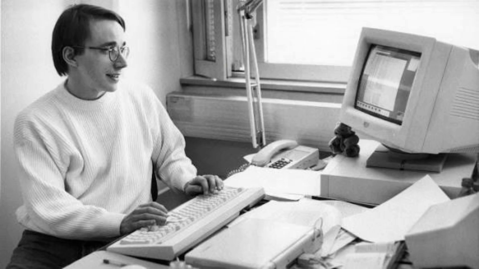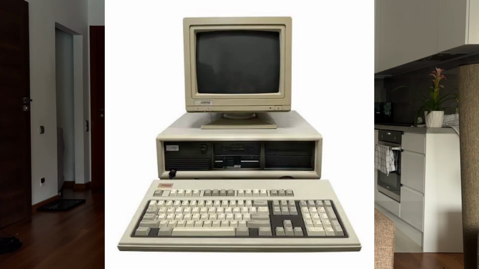Meanwhile, here is another favorite story of mine. Another revolution was unfolding in the background. In 1991, Linus Torvalds, a 21-year-old computer science student in Finland, decided that commercial Unix was too expensive and decided to build his own kernel from scratch on his personal 386 PC. That's how it looked. No words here.